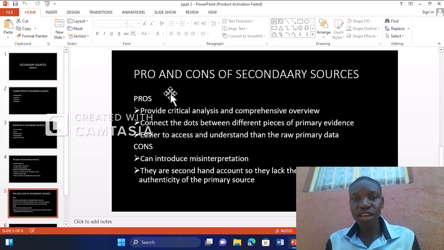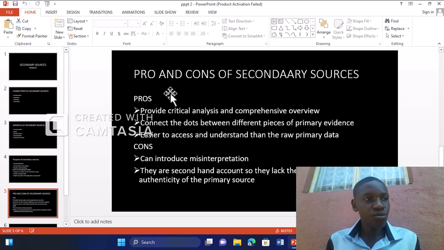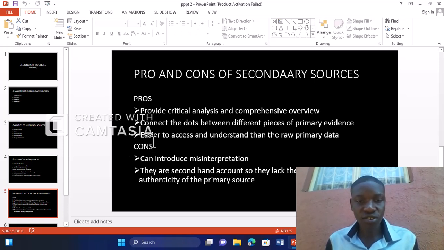This one saw something, another one saw something, another one also saw something. All of them are primary sources because they saw during the event. But the secondary sources connect the dots between all of them and make them complete, so that they become meaningful information. So that's the importance of the advantage of the secondary sources of the information.